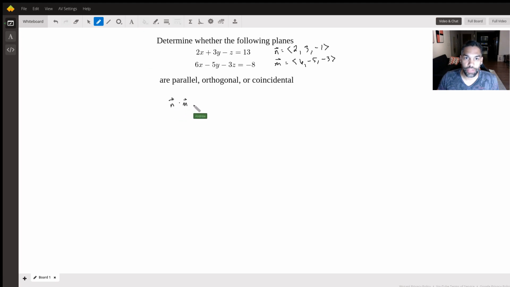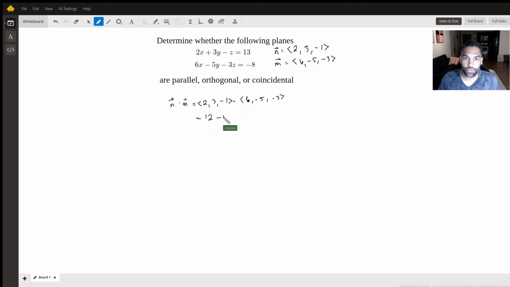The dot product of two vectors is just a component-wise multiplication of the vectors, and then you add the values together. We multiply the first components and get 12.